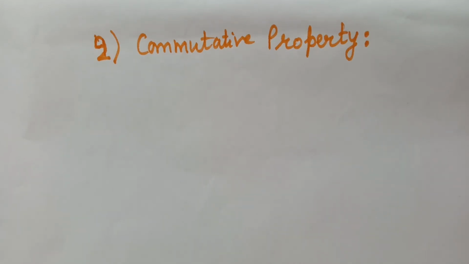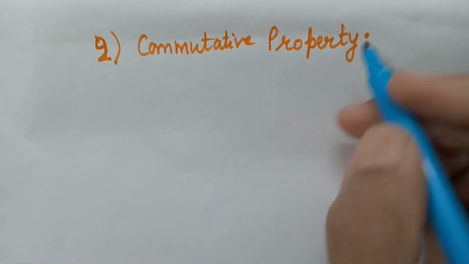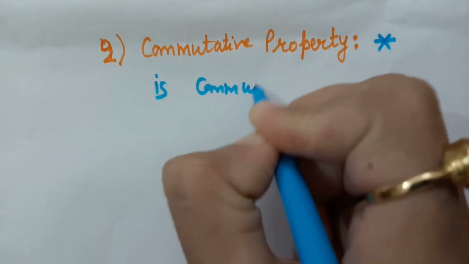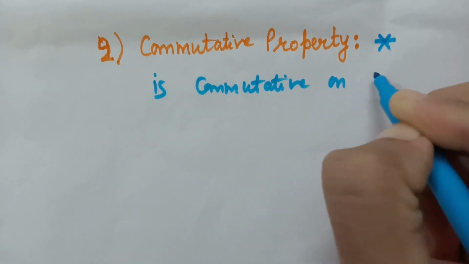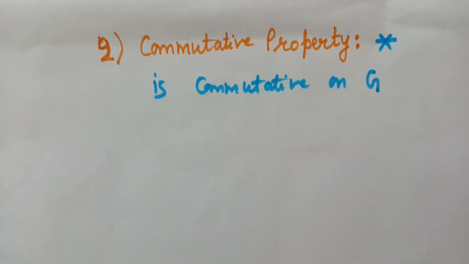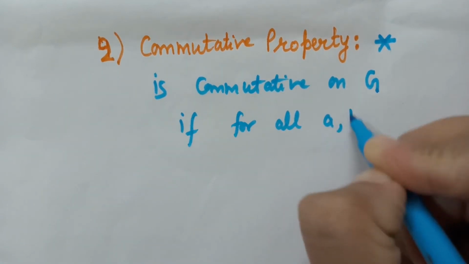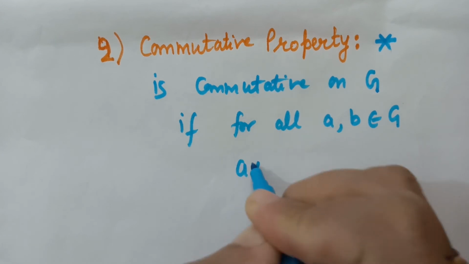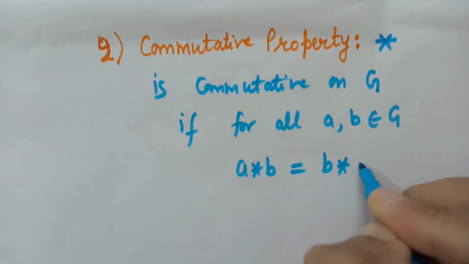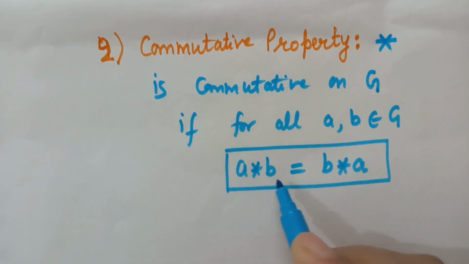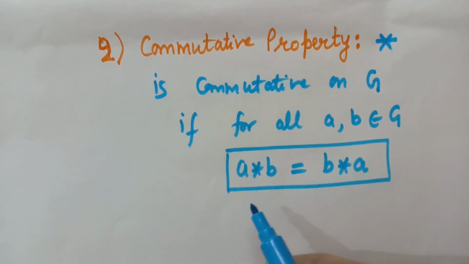Next is the commutative property. So the binary operation star is commutative on G, or we can say that elements of G satisfy the commutative property with respect to binary operation star, if for all A, B belonging to G, A star B is equal to B star A. So that means if we operate A with B or B with A, the result will be the same.